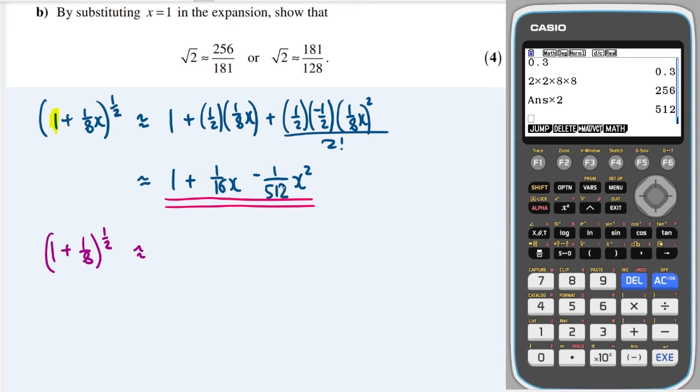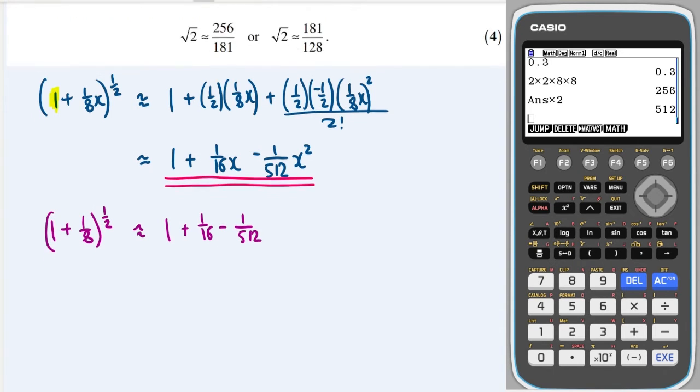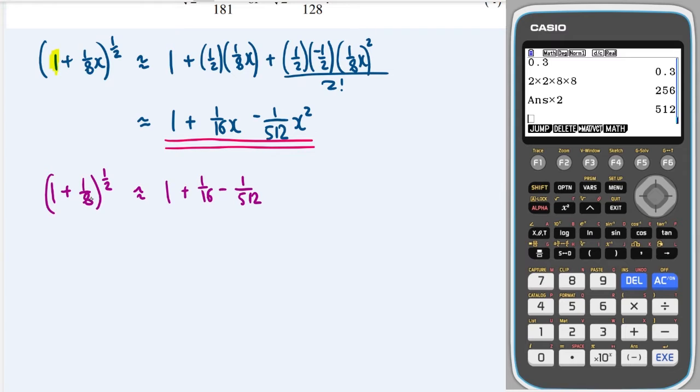And if I sub it in on this side, I'm going to get 1 plus 1/16 minus 1 over 512. Okay, let's simplify this, because that's going to be 9 over 8 square rooted. And on this side, let's get out our calculator again.